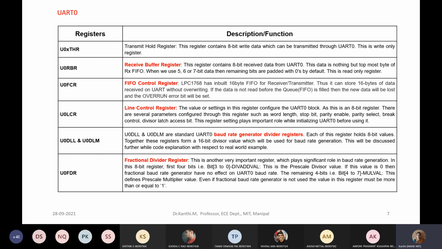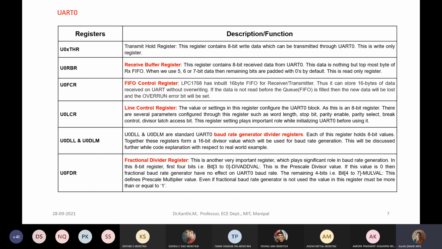And you have DLL and DLM, which are used for the baud rate generator. These are the baud rate generator divisor registers through which you can set up different baud rates for the UART. And you have the fractional divider register. This is another important register, and it again plays a role in baud rate generation.